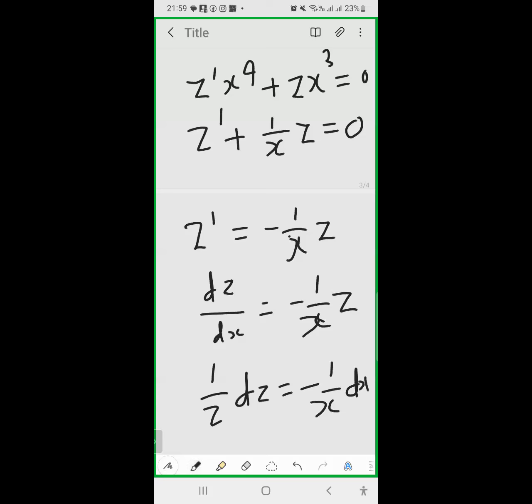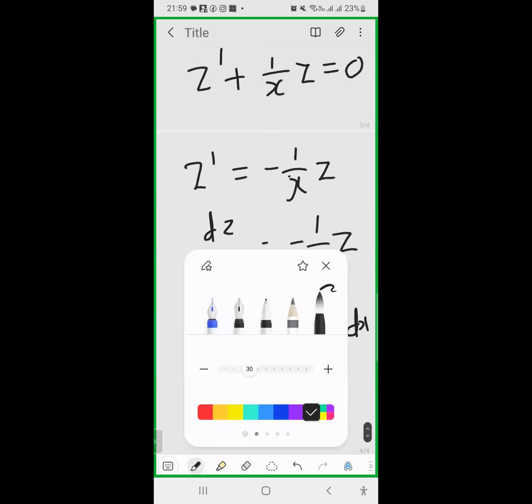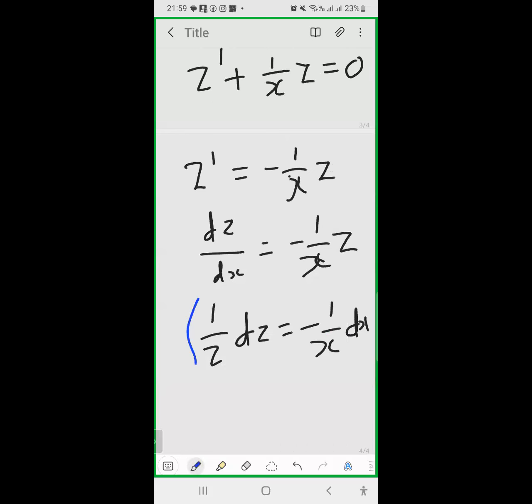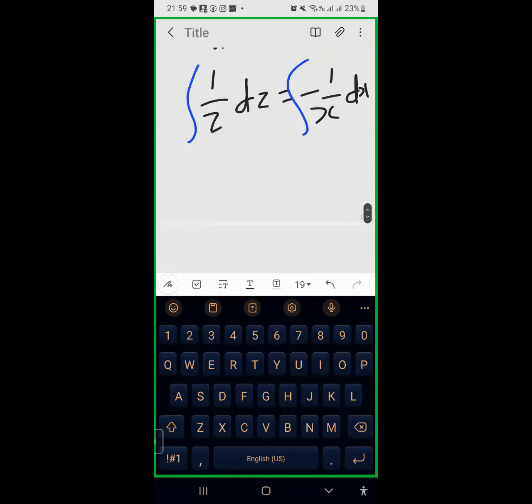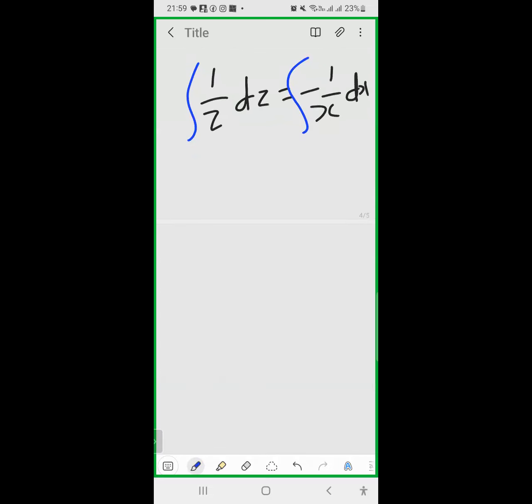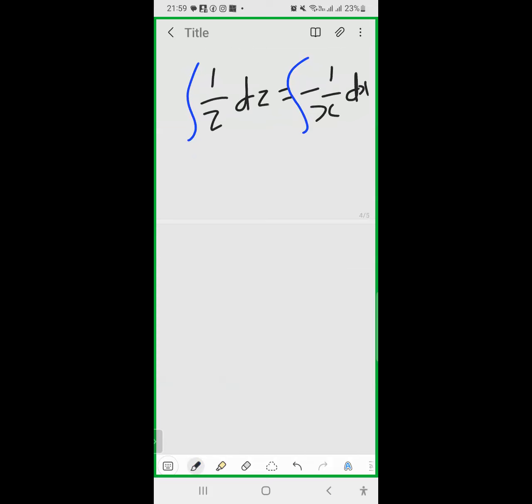Now let's go ahead and integrate both sides of the equation. So when we integrate both sides of the equation, we get that the ln of z is equal to minus the ln of x plus our constant c.